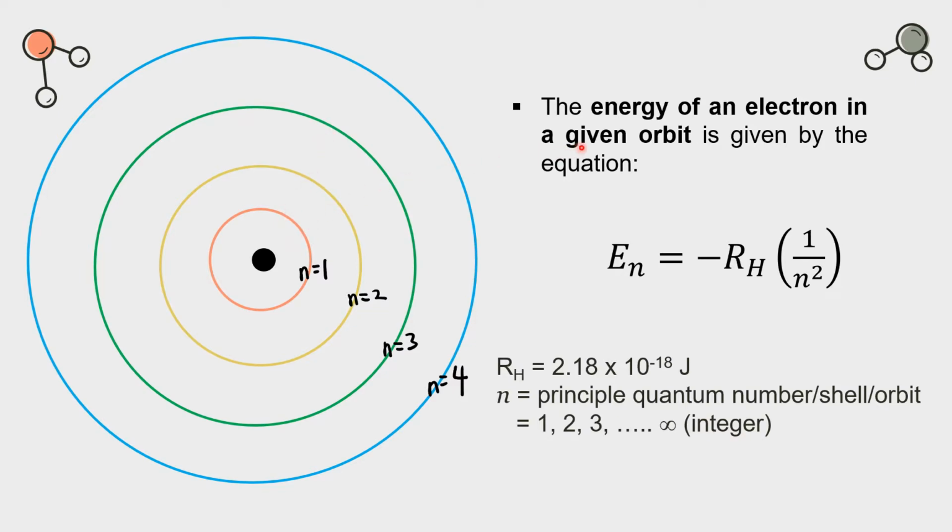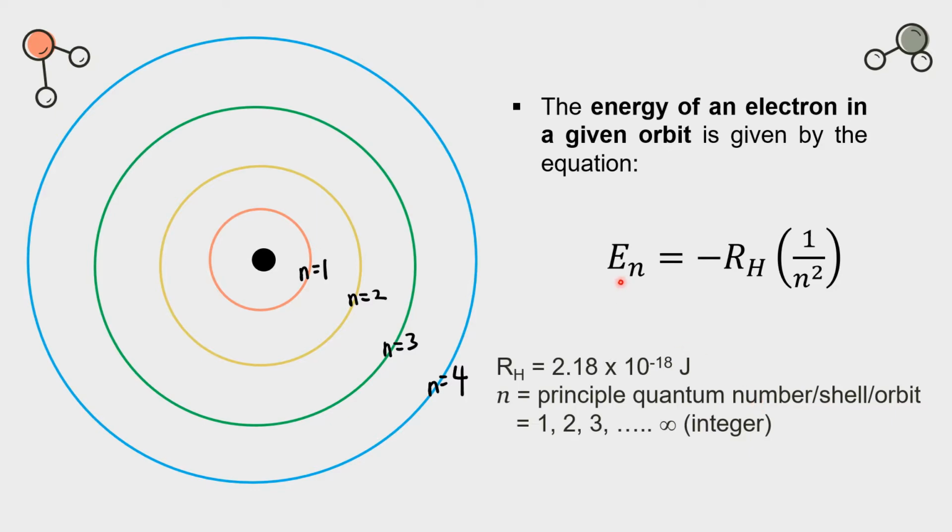To know the energy of an electron in a given orbit, we can calculate it using this formula: En equals negative RH times 1 over n squared, whereby En is the energy at a specific energy level, RH is the Rydberg constant in joules, and n is the principal quantum number.